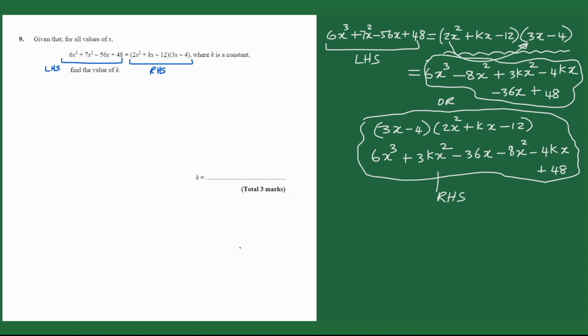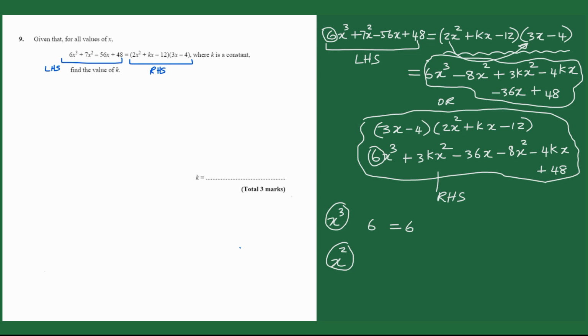Right. So now this is my right hand side and this is my left hand side. Now we are going to equate the coefficients of both sides. The coefficient of x cubed, left hand side is 6. That is equal to the coefficient on the right hand side of x cubed, it's also 6.